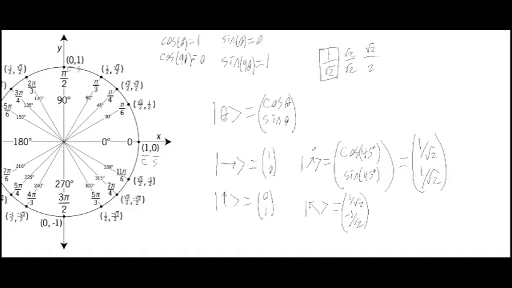And you could calculate for any angle in between here using this general version of the cosine and the sine here. And so for this, we can now start calculating some expectation values.